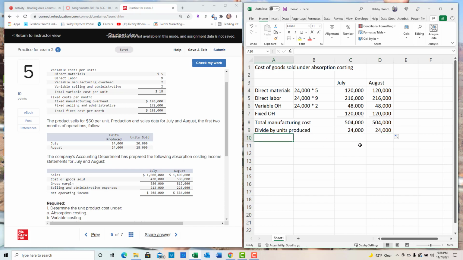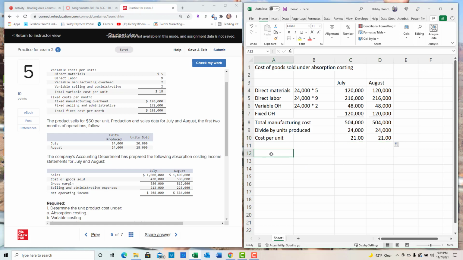And we're going to get a cost per unit. I'm going to preset this for 2 decimal places. So we're going to take 504,000 divided by 24,000, and of course for both months it's going to be $21.